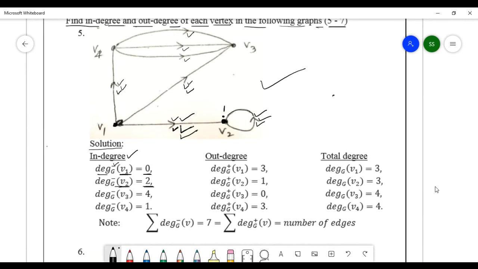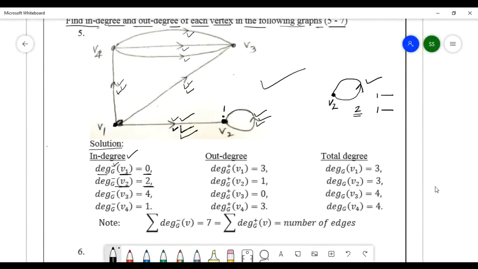Okay. If here v2 and this v2, if this graph is undirected, if this loop is undirected, then degree is always 2 for this vertex v2. But if here the graph is directed, okay, then 1 for in degree and 1 for out degree. Total 2. Here in and here out.